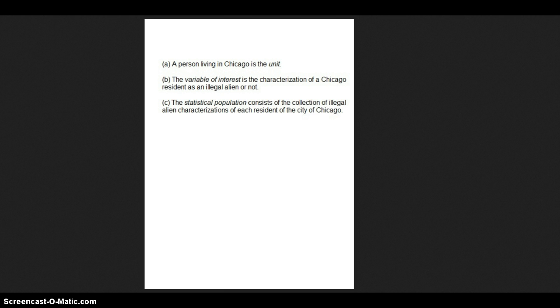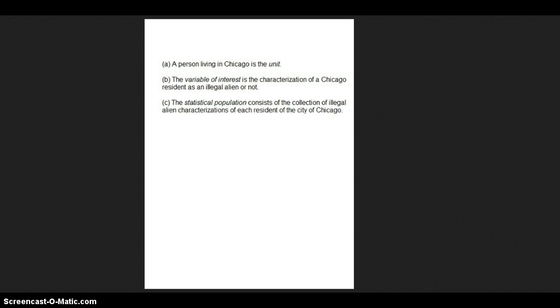So for example, you ask the first person, you get legal, second person legal, third person illegal, and then illegal, legal, legal, legal. And so the set of all the responses you get from these people will be the statistical population.